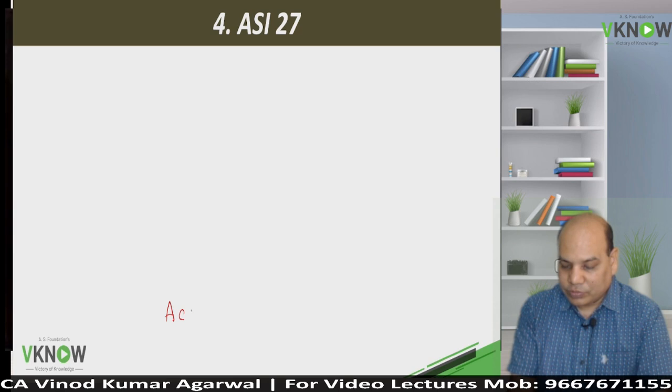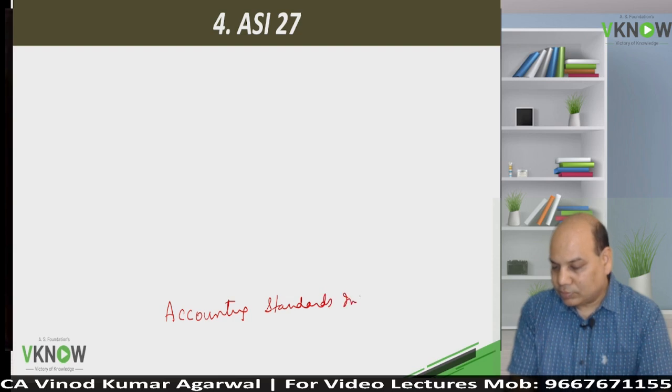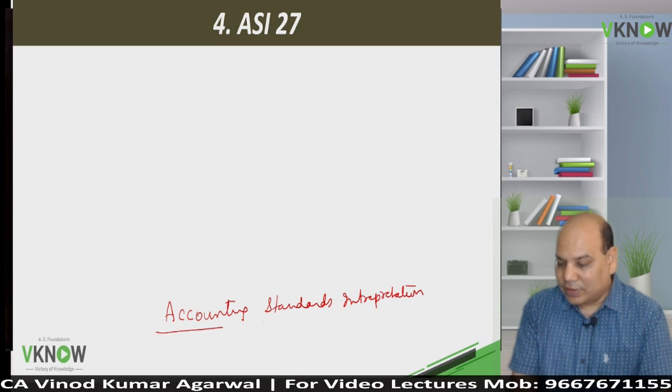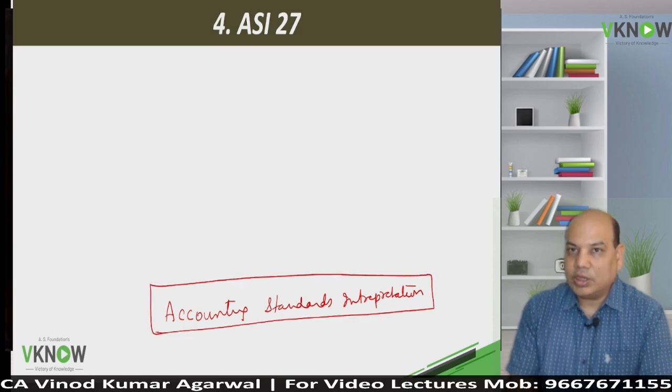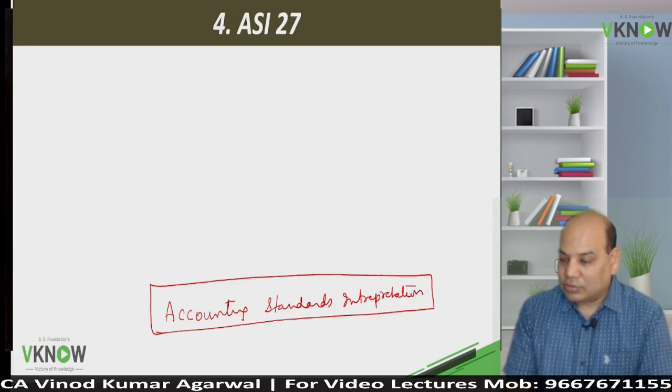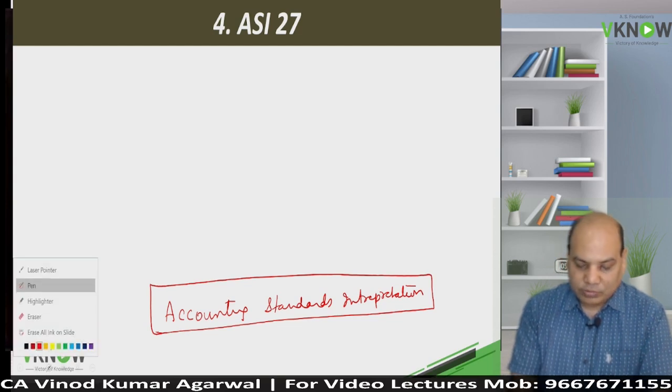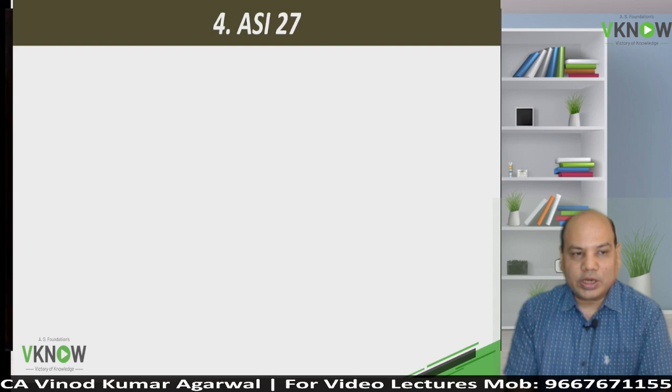ASI means accounting standards interpretation, which is having same importance like accounting standard. So our institute has issued one accounting standard interpretation number 27, something which is not included in the standard, but it is important.